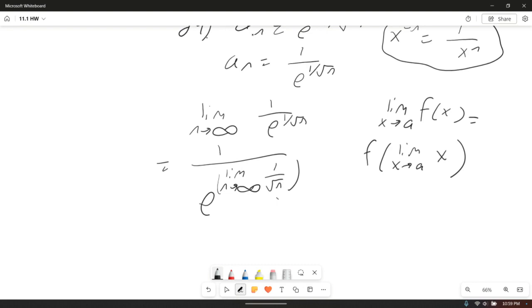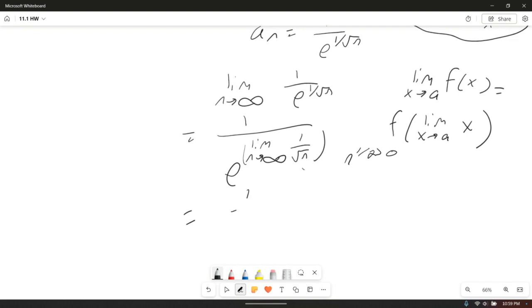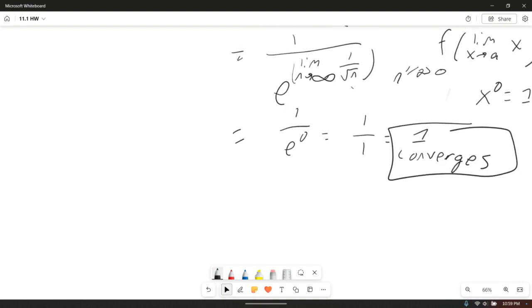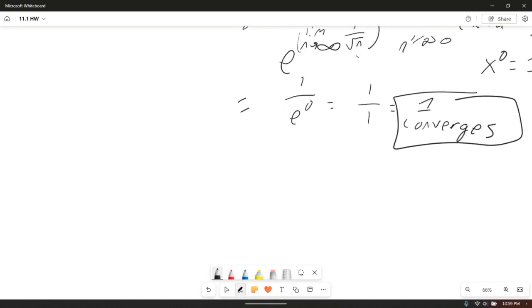Even though square root of n isn't like 1 or something nice, it's still n^(1/2), and 1/2 is greater than 0. So this just equals 1 over e^0, which equals 1 over 1, which equals 1. And e^0 equals 1 through a rule that states that any number to the 0th power equals 1. Small little rule. All of these rules come in handy actually.